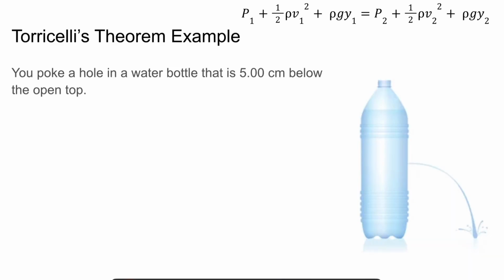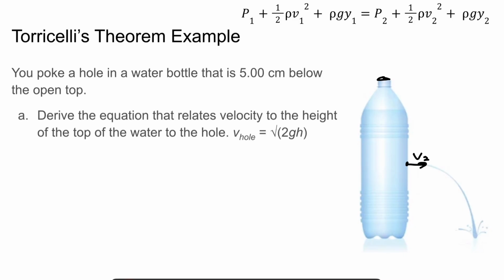So we can play around with this, and let's say you poke a hole in a water bottle that is 5 centimeters below the open top. We have to have this top open. But if we do, and we've got a hole here, then we can figure out what velocity we've got down through that hole.